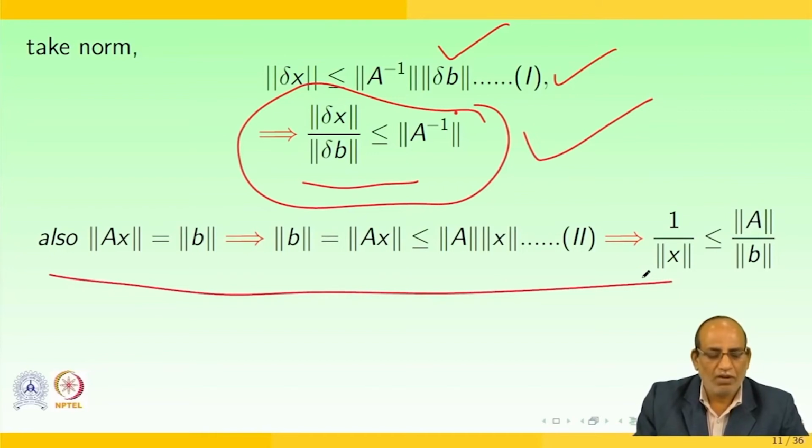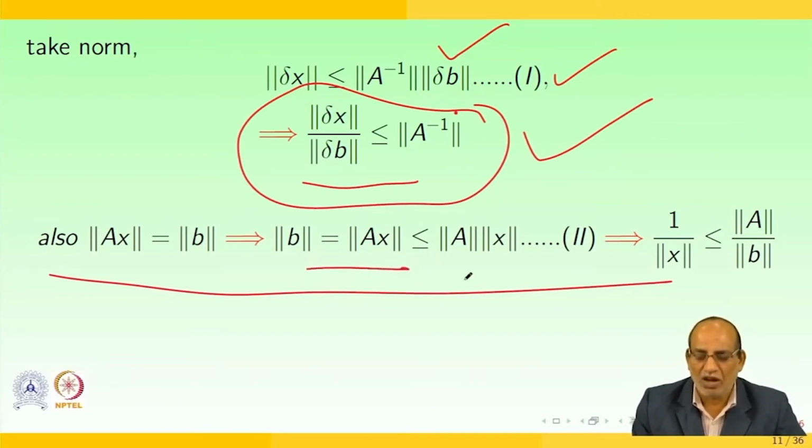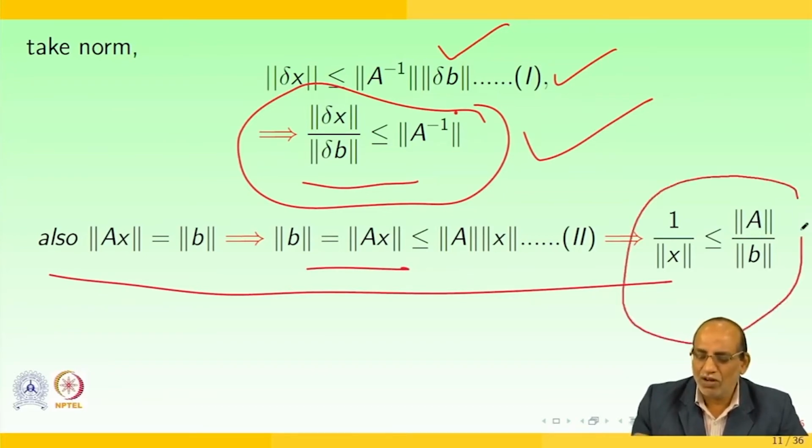Also, Ax is equal to B, which implies norm of B is equal to norm of Ax, which is less than or equal to norm of A into norm of x, and which implies 1 over norm of x is less than or equal to norm of A upon norm of B. So that means you have equation 1 and equation 2.